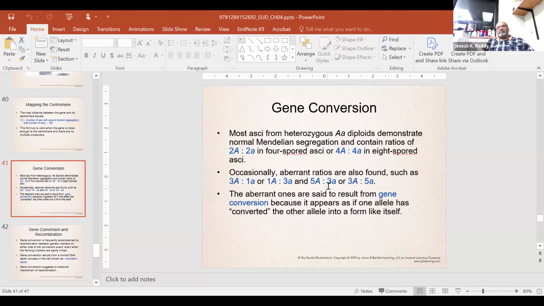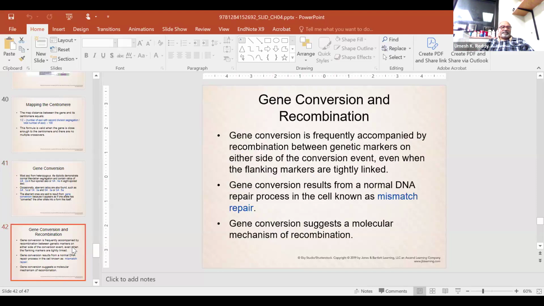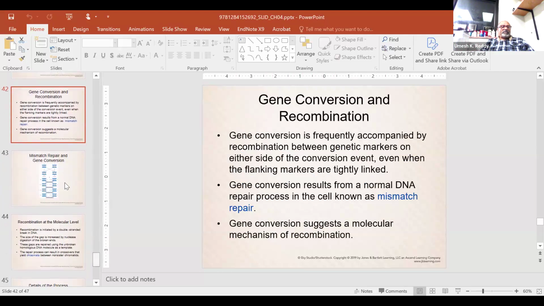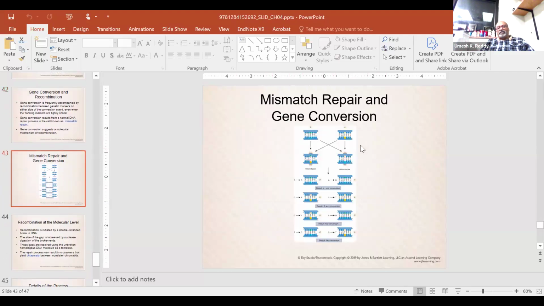When A and G are combined in the Holliday junction, either A is removed or G is removed. So the alleles are being shifted to the capital A allele or the small a allele. It's not segregating exactly the same way. Sometimes you will see 5A, 3a, 3A, 5a. All these kinds of aberrant ratios you can see in gene conversion. In other words, what happens at the Holliday junction, when A and C are combined, these are called heteroduplexes.